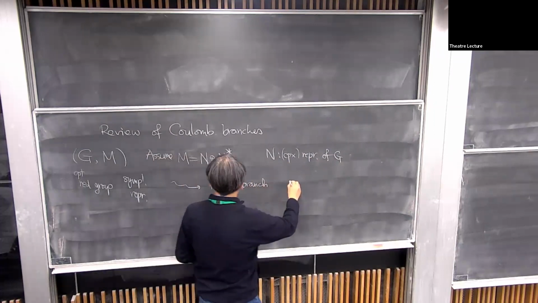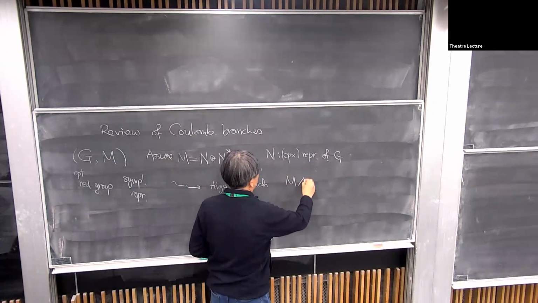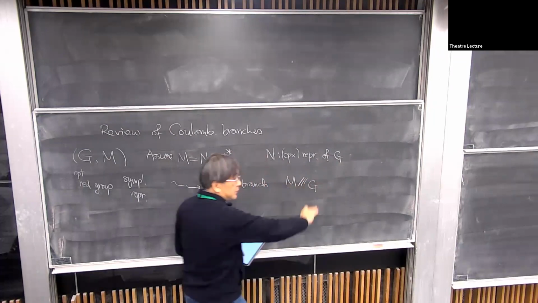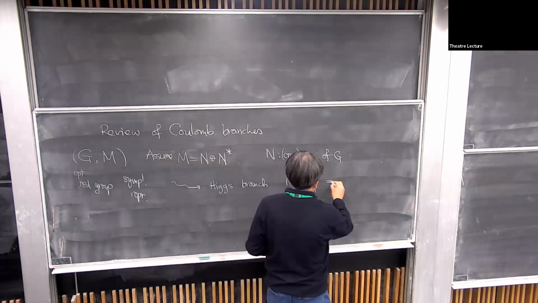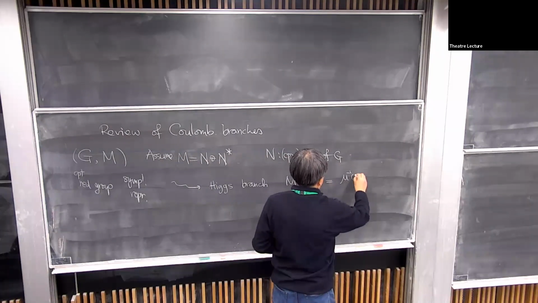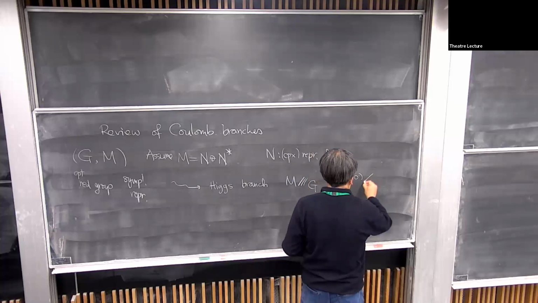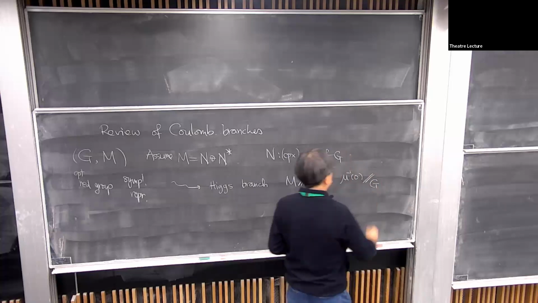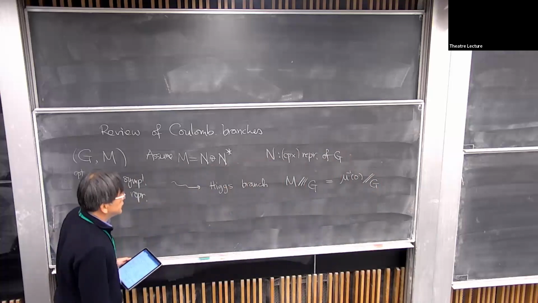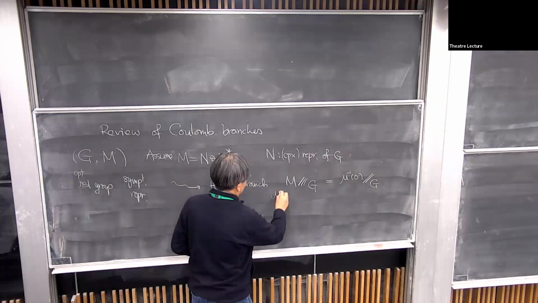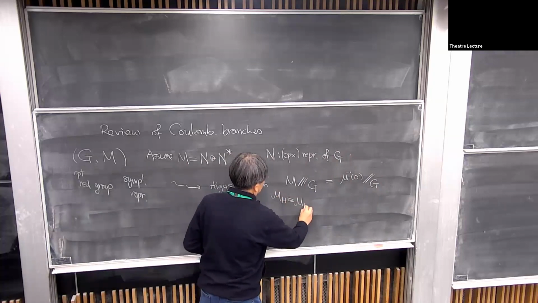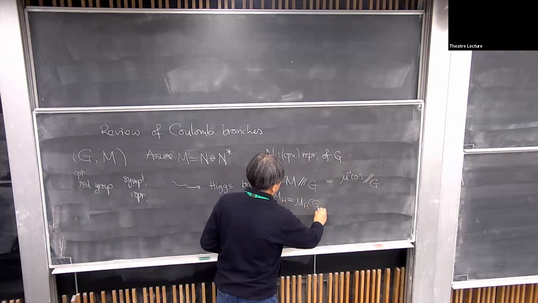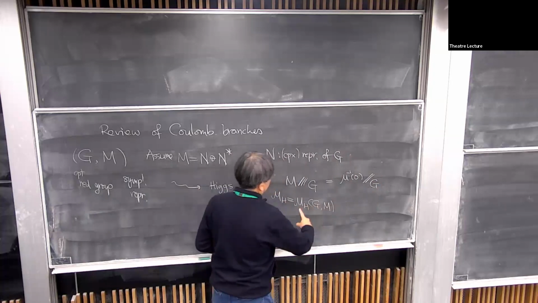This is a symplectic reduction of M by G, which I denote by M triple slash G. So you have the moment map, take the zero inverse image, and take the categorical quotient by G. So this is the Higgs branch. I might denote it by M_H. If I want to emphasize G and M, then I denote it accordingly.